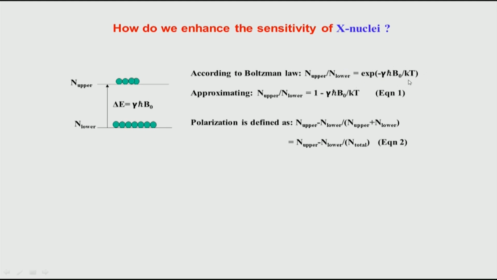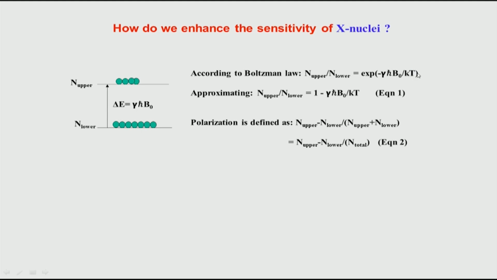Here, what are the values? One is gamma, this is a constant, h is Planck's constant, this is B0, and this is the Boltzmann constant and T. Typically, the temperature that we work at in our laboratory is room temperature, or you may go down to probably 0 degrees, but very rarely do you go to very low temperatures of the order of 100 Kelvin or even 5 or 10 Kelvin.